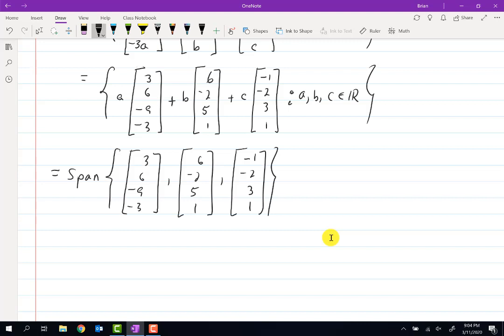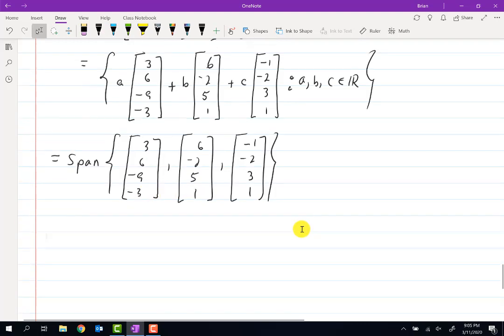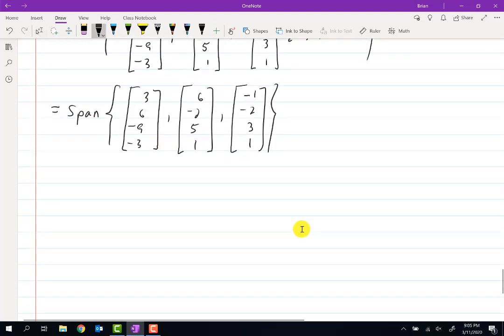So its dimension will be either 1, 2, or 3. It's not going to be 0 because we don't just have the 0 vector. So what do we do to figure this out? Well, you've done this a million times by now. We make ourselves a matrix with those vectors as columns.